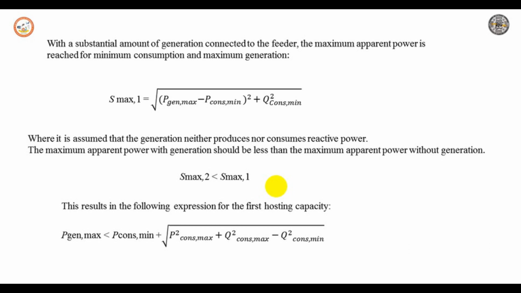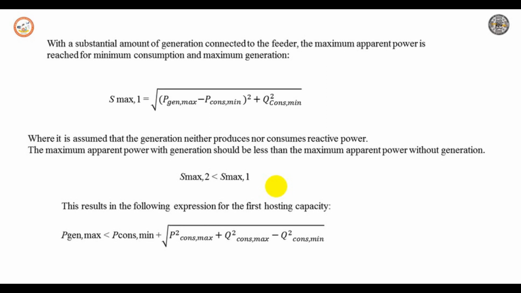The maximum apparent power with the generation should always be less than the maximum apparent power without any generation. This is represented by another equation: S maximum 2 will always be less than S maximum 1.